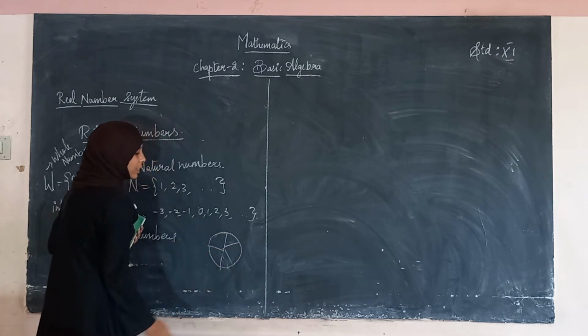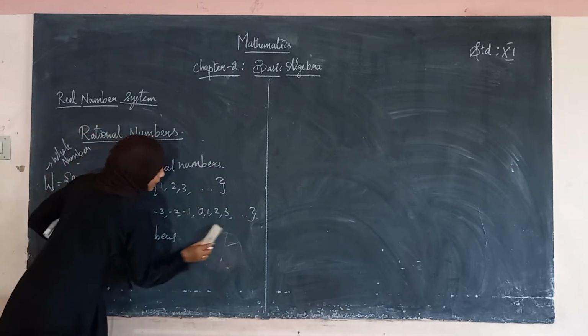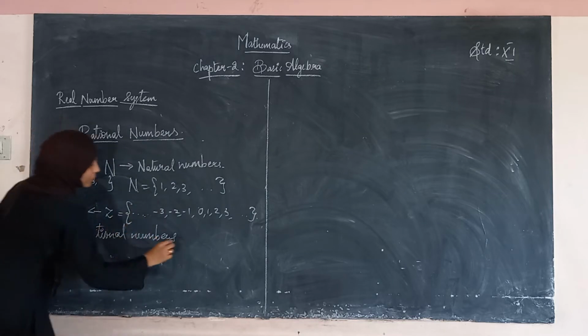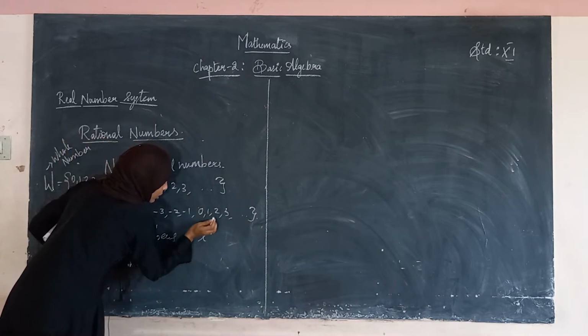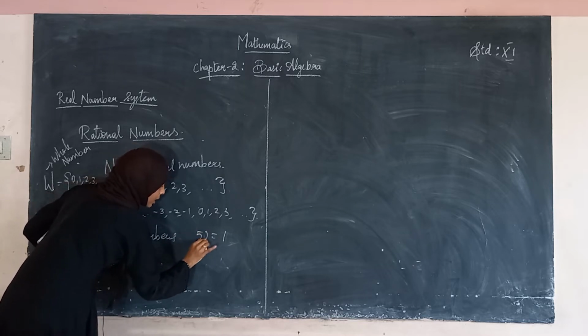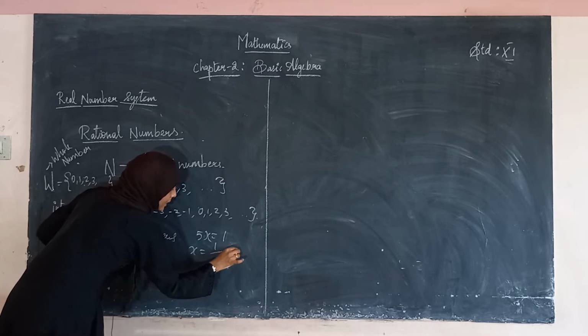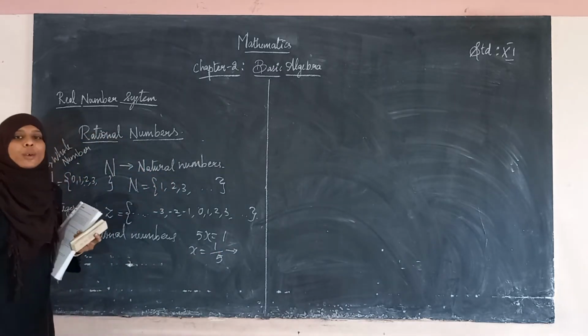Like this, you have to split this into 5 equal parts. So x is equal to 1 divided by 5. This type of number is said to be the rational numbers.